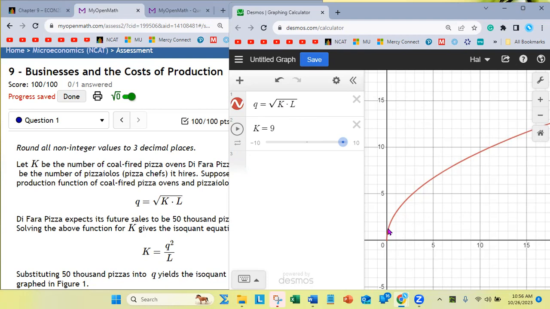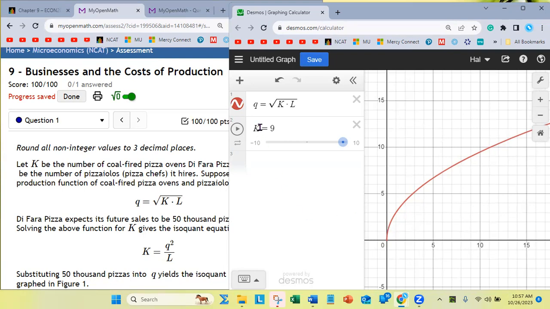So that's why we assume this functional form. We want to impose this assumption that as we add more labor, our output will go up, holding capital constant, but at a decreasing rate, right? We want to formalize the assumption of diminishing marginal productivity, right?